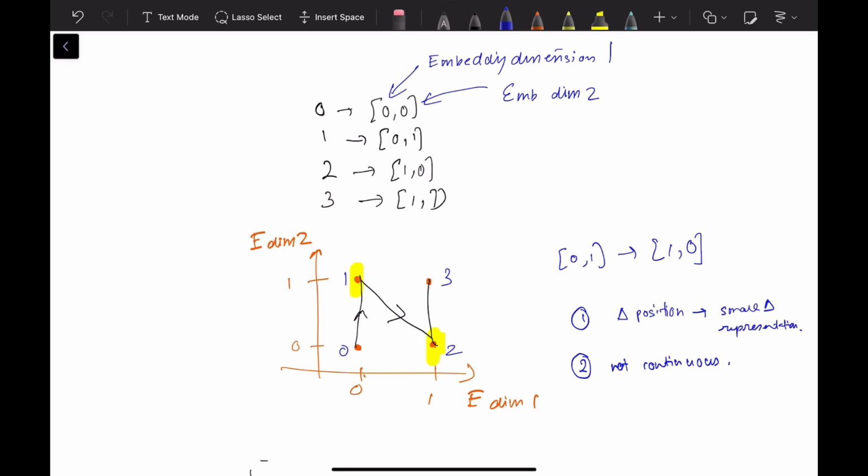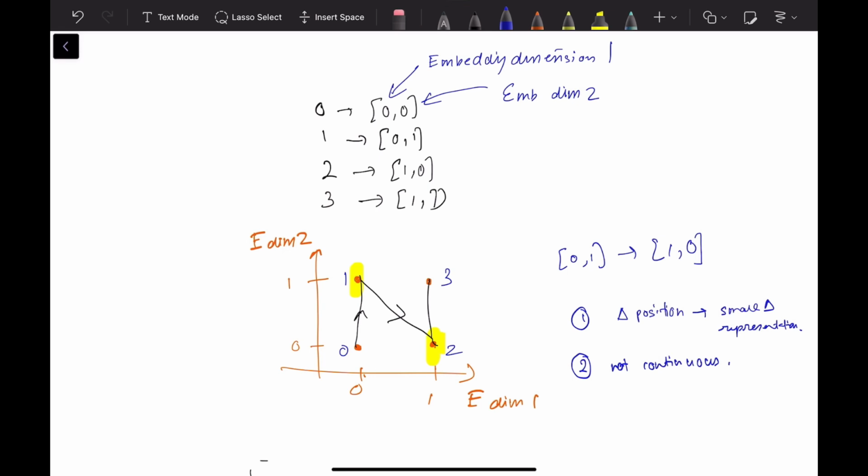A continuous encoding scheme would mean that the positions that are numerically close would receive similar representations, and this would aid the model in understanding patterns that span across multiple positions. And the lack of smooth transitions could also mean that the model's ability to interpolate and extract useful positional information is also limited.